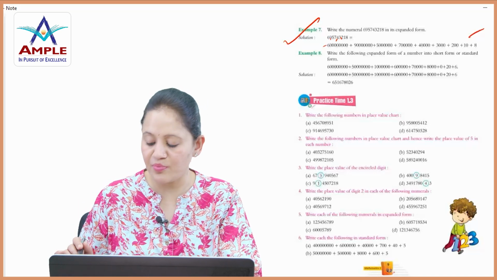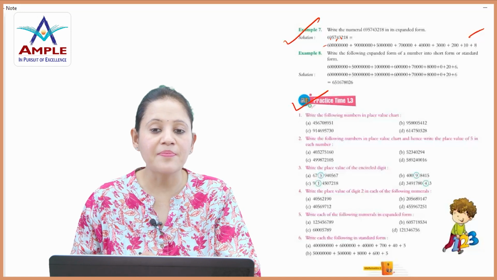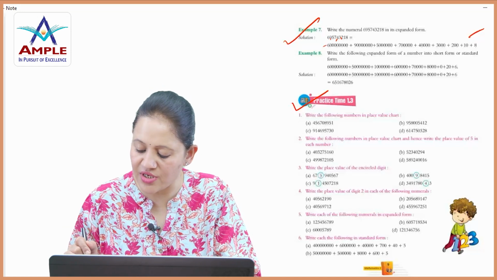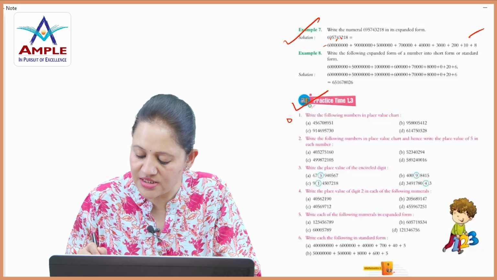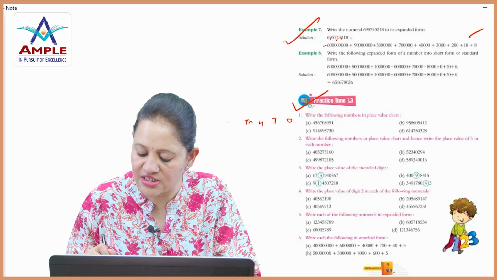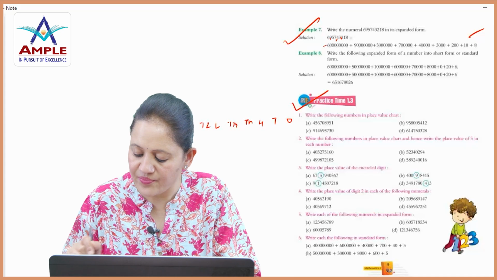Next, practice time 1.3. Write the following number in place value chart. So, first we have to arrange the number in place value chart. Ones, tens, 100, thousand, 10,000, lakh, 10 lakh, crore and 10 crore.